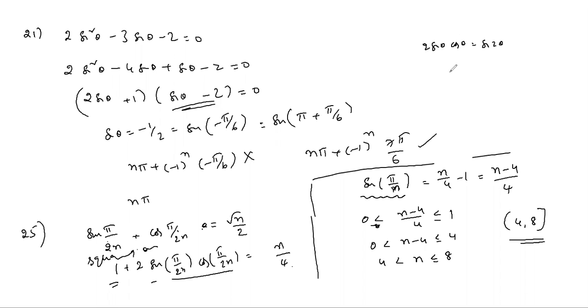Sin 2 theta is, 2 into theta which is pi by 2n, 2 will cancel, so sin pi by n. Here n is a positive integer. Positive integer means n equal to 1, sin 180 possible. So 0 less than or equal to, less than or equal to, 4 to 8, option 3.